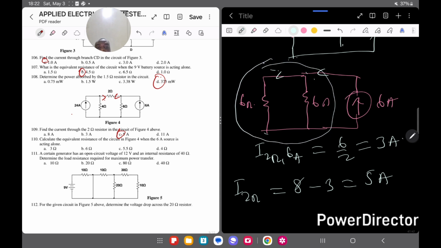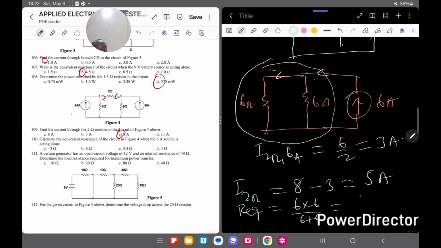So you have to find the equivalent resistance when 6 amps is acting alone. So we just have 6 ohms in series with another 6 ohms. So the equivalent resistance there is going to be equal to what? Again, you take them in parallel, so their product, 6 by 6, divided by their sum, 6 plus 6.